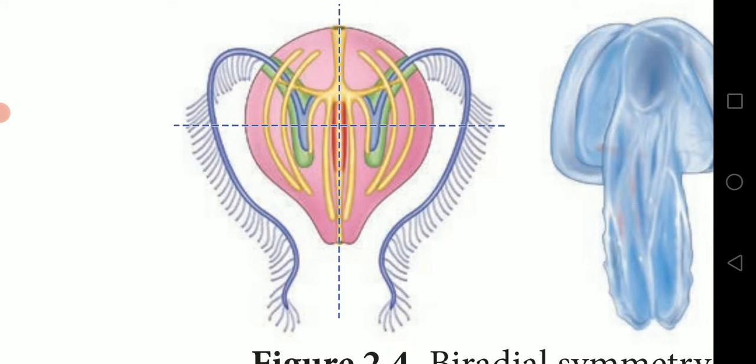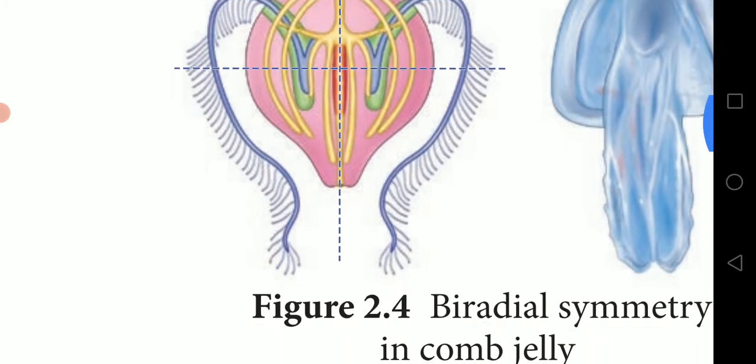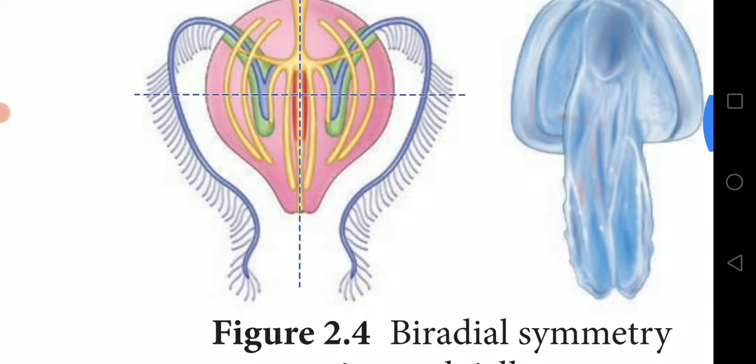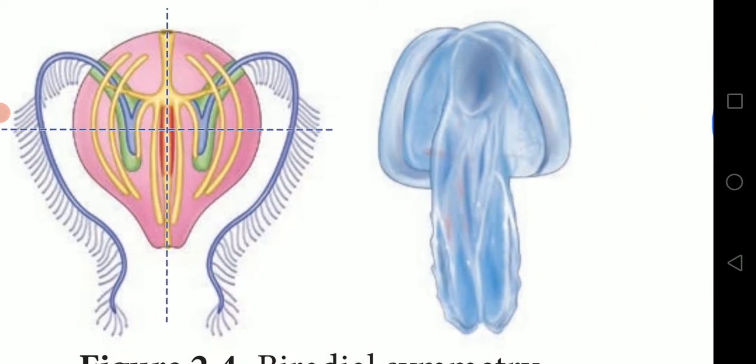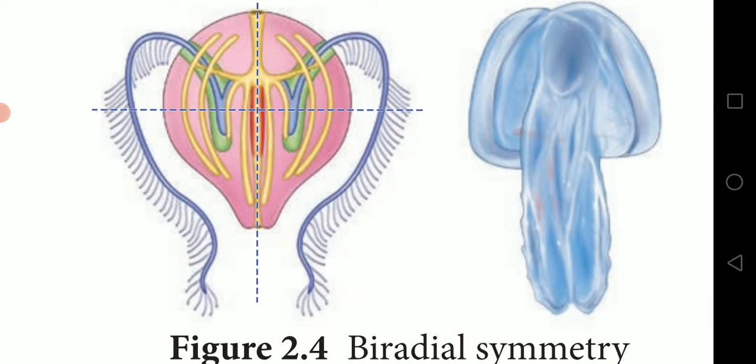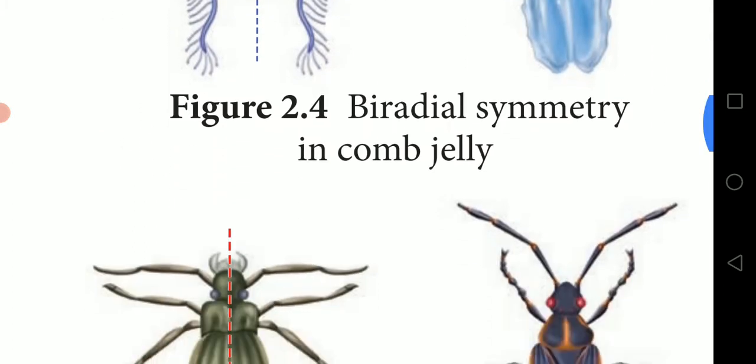The next one is biradial symmetry. Next diagram, can you see here? This is what we call biradial symmetry. Bi means 2. Radial means the lateral side. An animal which possesses 2 pairs of symmetrical sides is said to have biradial symmetry.